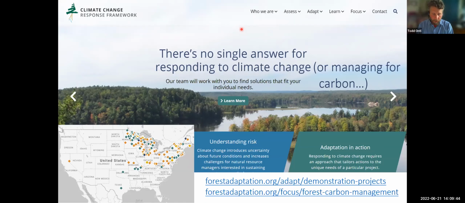And so tree planting is one of the tools in the toolbox that we can use to direct what those forests might look like into the future, and transition them to more future adapted conditions.